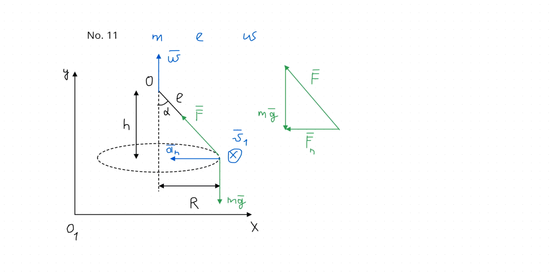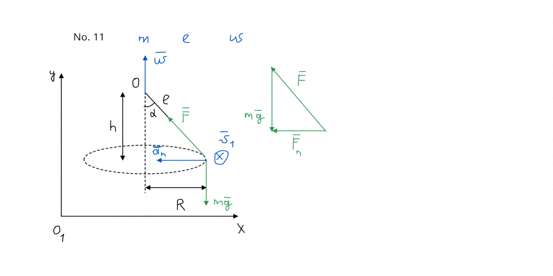This normal acceleration is caused by force Fn. So we can write m a_n is equal to Fn.